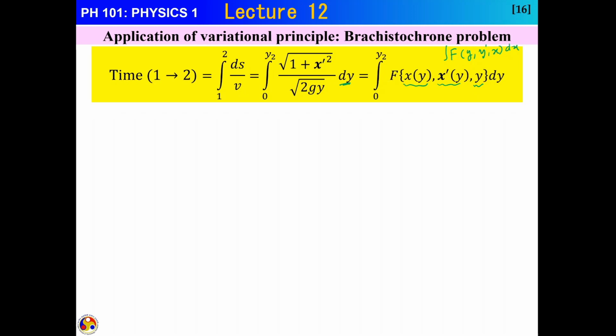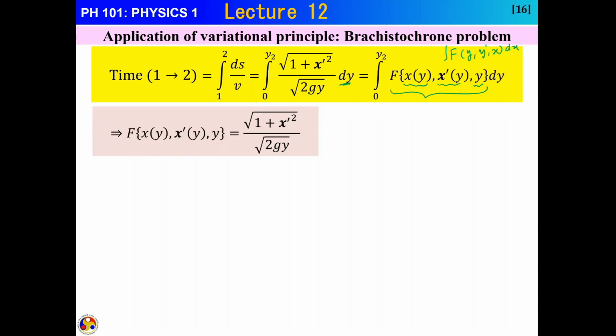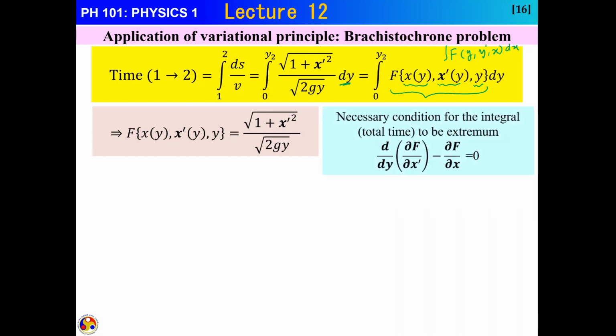Now we know the functional form of f, and the condition for the integral to be an extremum, as you know, we are now going to write with respect to y: d by dy of the partial derivative of f with respect to x prime, minus the partial derivative with respect to x, is 0.